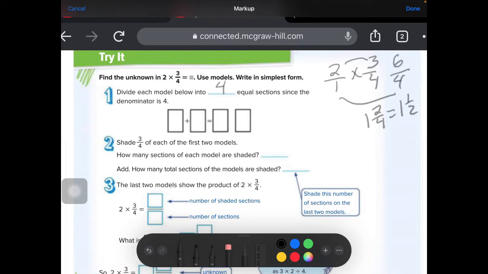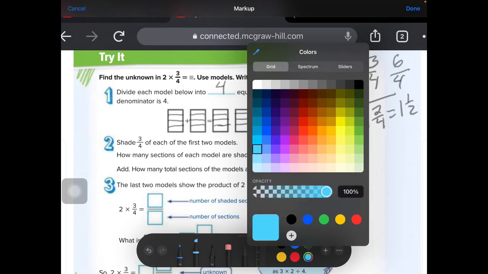That's okay. So divide each model below into 4 equal sections, since the denominator is 4. How you do that is divide it in half, and then divide each half into half again. There we go. Now, shade 3/4 of the first 2 models. So I'm going to do that with my little handy dandy pen here.